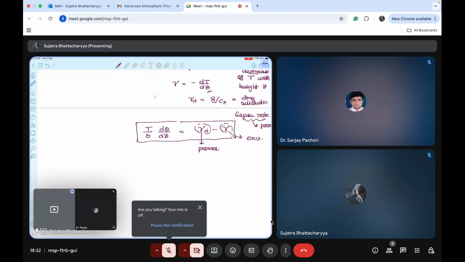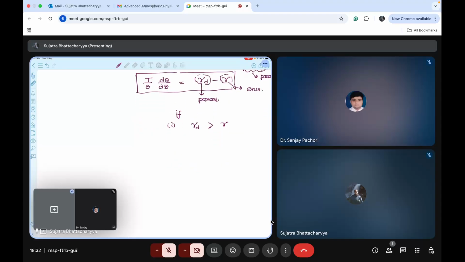So what does that mean? Now, if certain conditions exist, one, gamma d is greater than gamma. What is happening here? You have z and you have temperature. Okay, let us say the temperature lapse rate is this, because gamma d or gamma, they are all generally rate of decrease of temperature. So that's why I have decreased it with height.